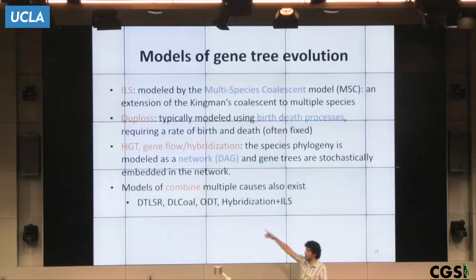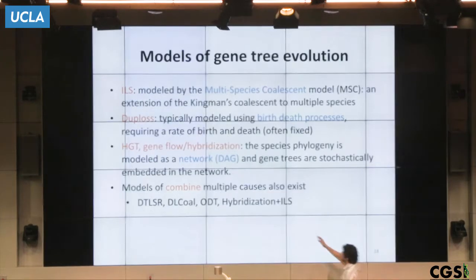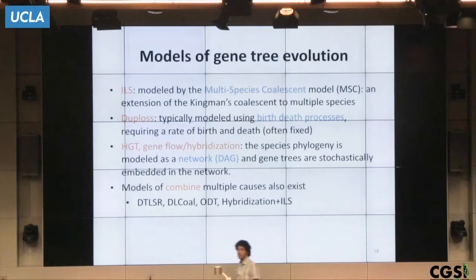And importantly, we also have some models that combine multiple causes of discordance. For example, if you're thinking about hybridization, you should also be thinking about ILS. You can't think about one and not the other. You will be misled. But there are models that combine these.